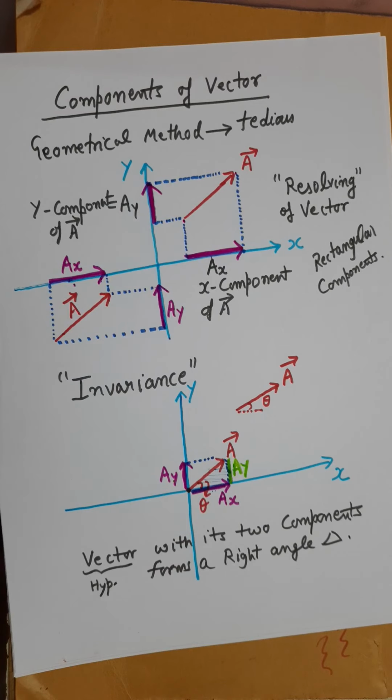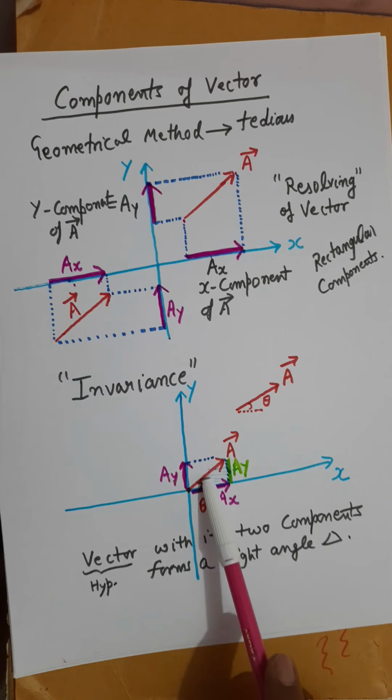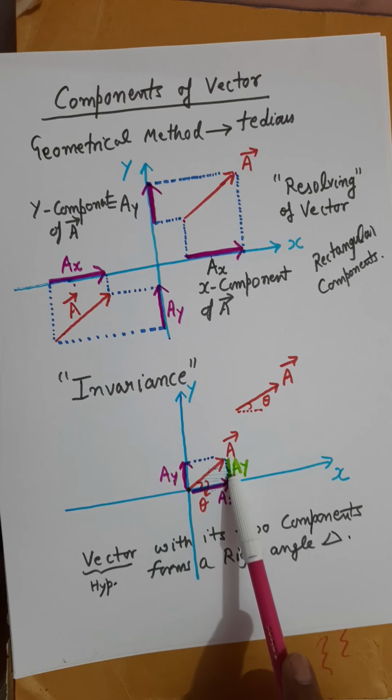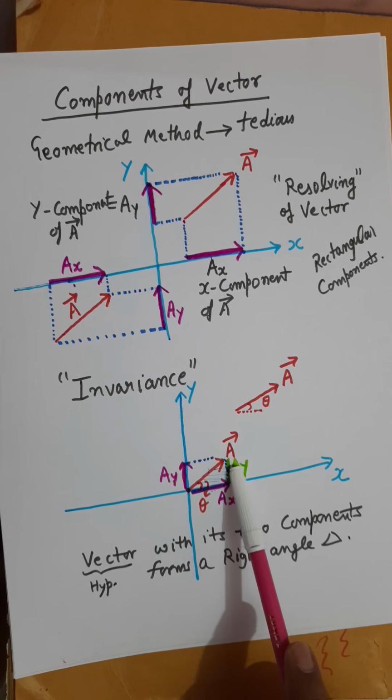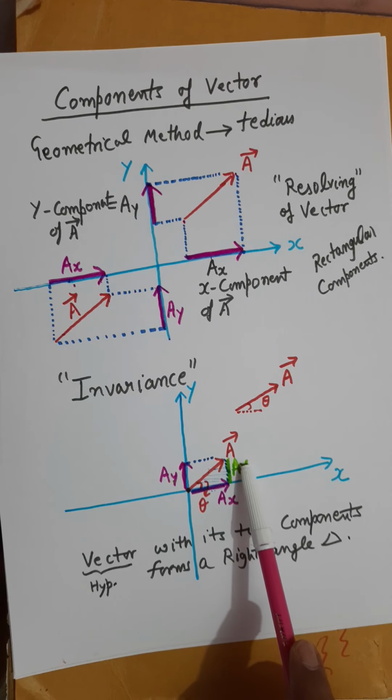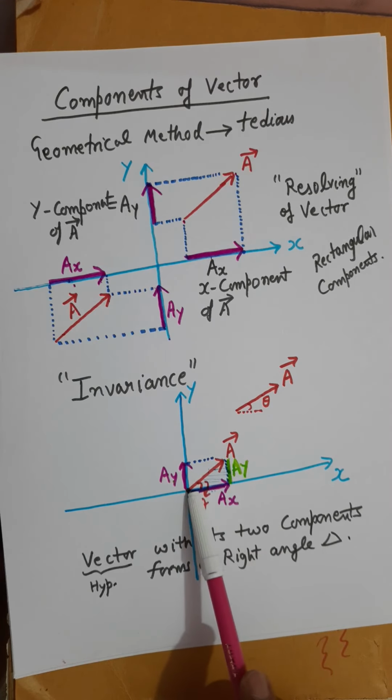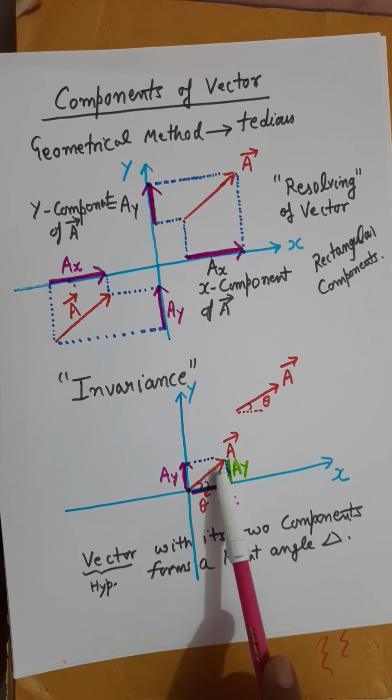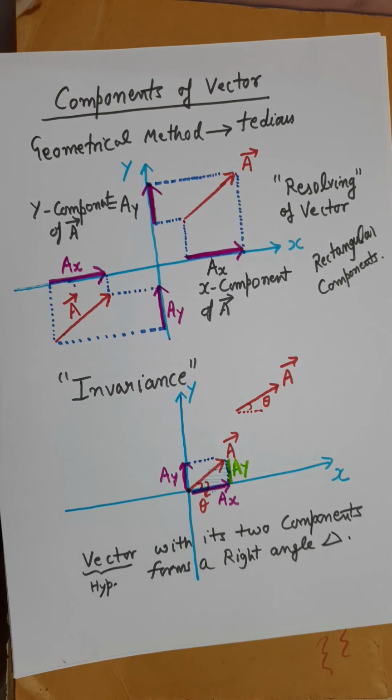And using trigonometric ratios you can find the lengths also. So if this is angle theta, we all know that the side which is opposite to the angle, that is AY, will be considered the perpendicular and AX will be considered the base of this right angle triangle.